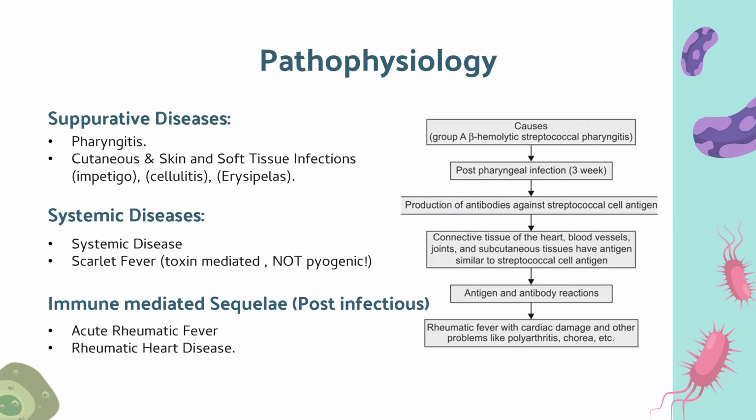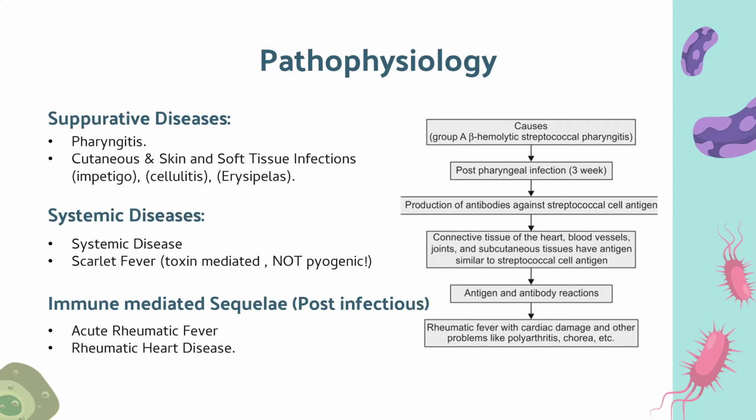This can lead to rheumatic fever, rheumatic heart disease, which is essentially just this attack towards the heart, or it can lead to inflammation within the kidney called post-streptococcal glomerulonephritis, now changed to post-infectious glomerulonephritis. Okay? So after the suppurative disease, after I have had this infection, 3 weeks later, I've already resolved the infection.